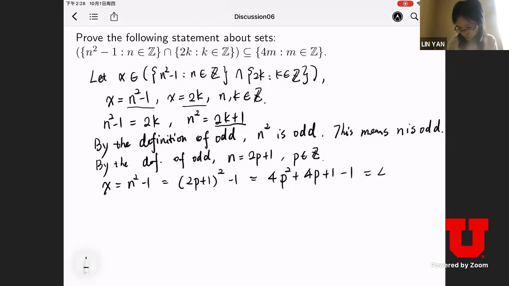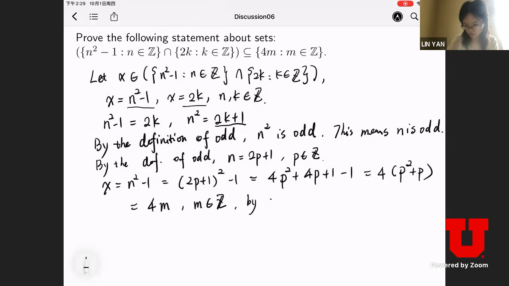It is equal to 4p squared plus 4p. It is equal to 4m, where m is an integer. This is by the closure property of integers under addition and multiplication. Okay, I will write it down.